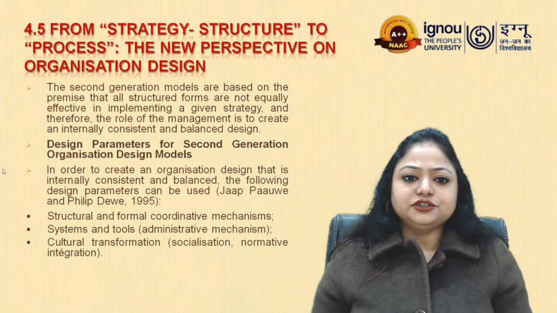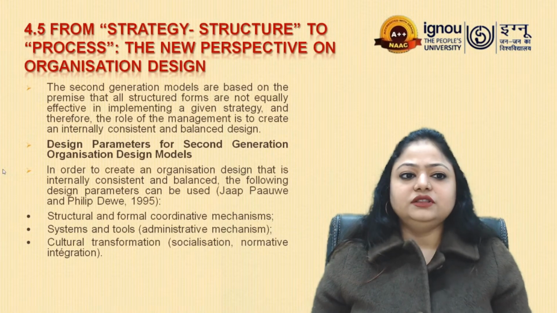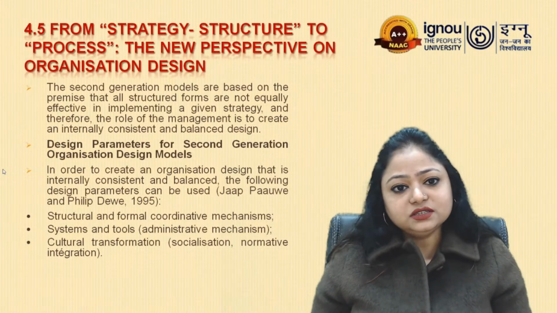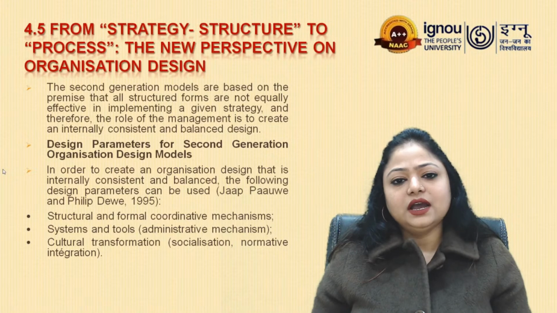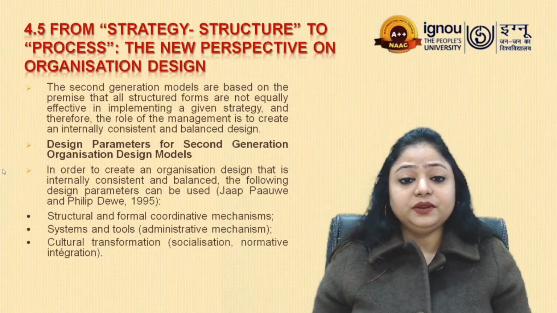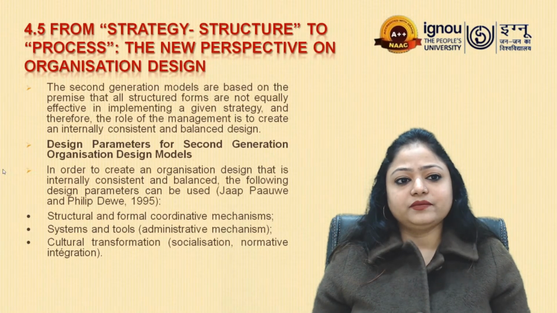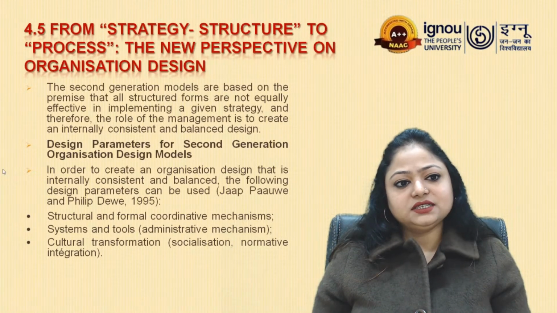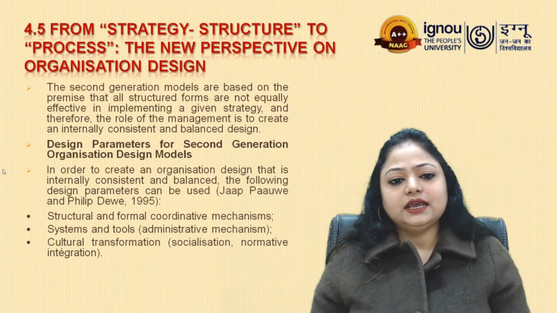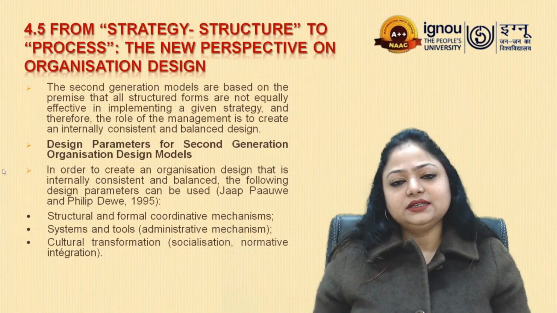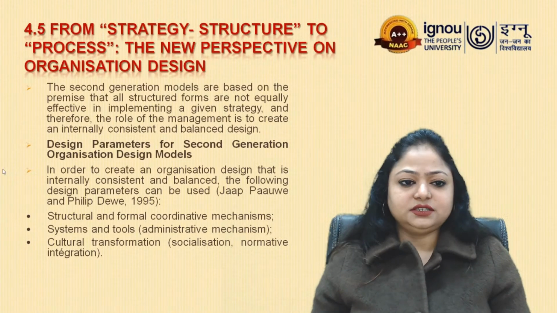So the second generation models are based on the premise that all structural forms are not equally effective in implementing a given strategy, and therefore the role of management is to create a consistent and balanced design which could meet its overall strategy.